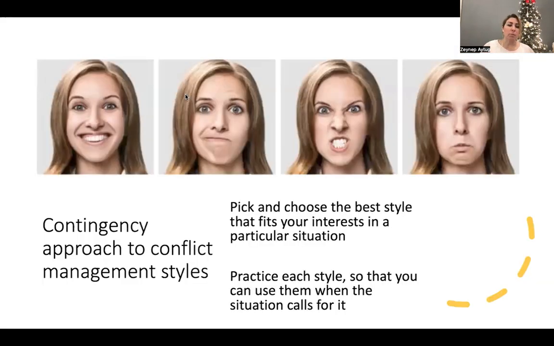Now, again, based on the contingency approach to conflict management, I would like you to be able to move from one conflict management style to another. There will be situations in a team environment or in a family or a long-term business relationship where I want you to be very collaborative. Or sometimes you can compete.